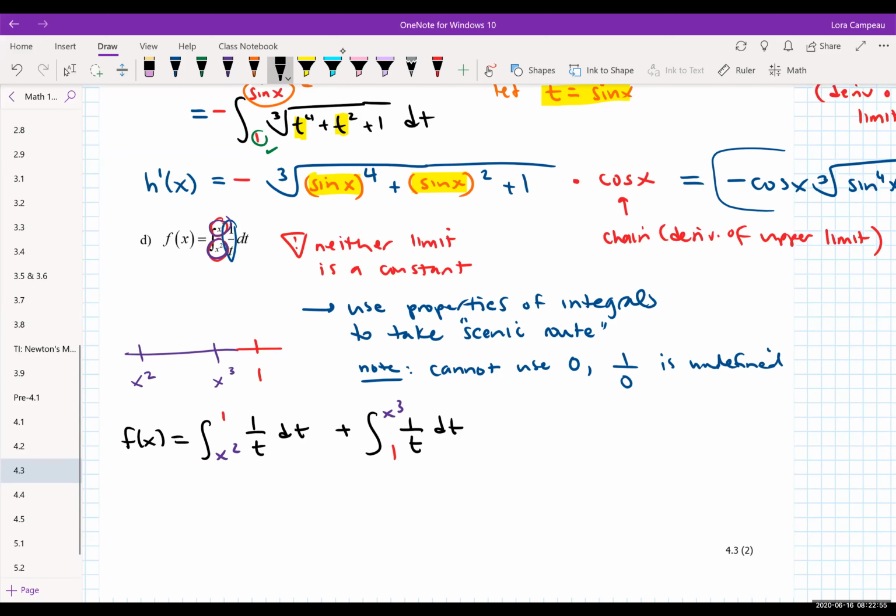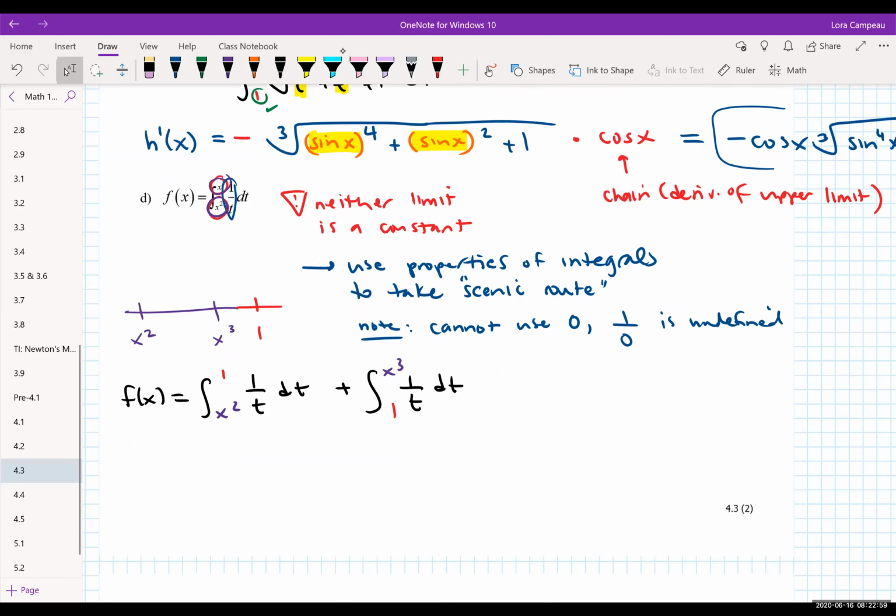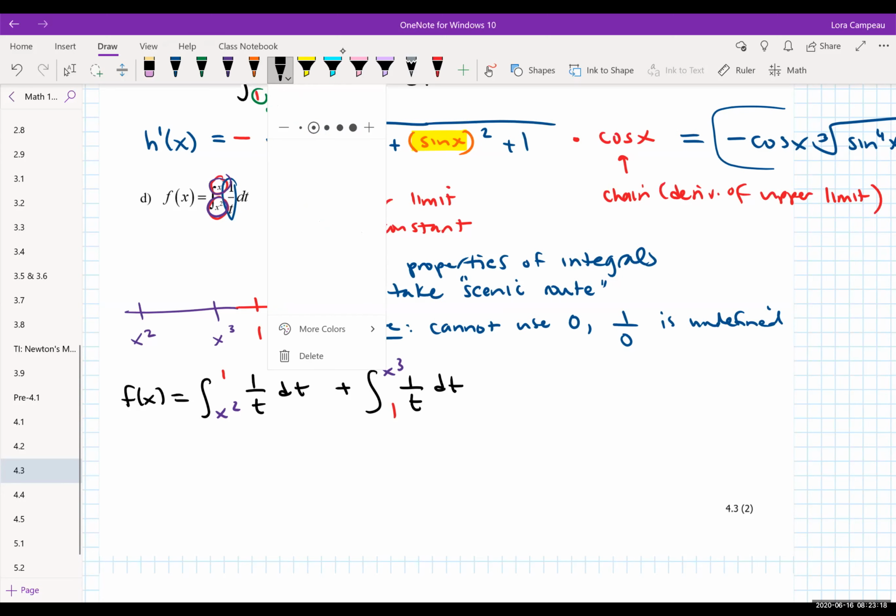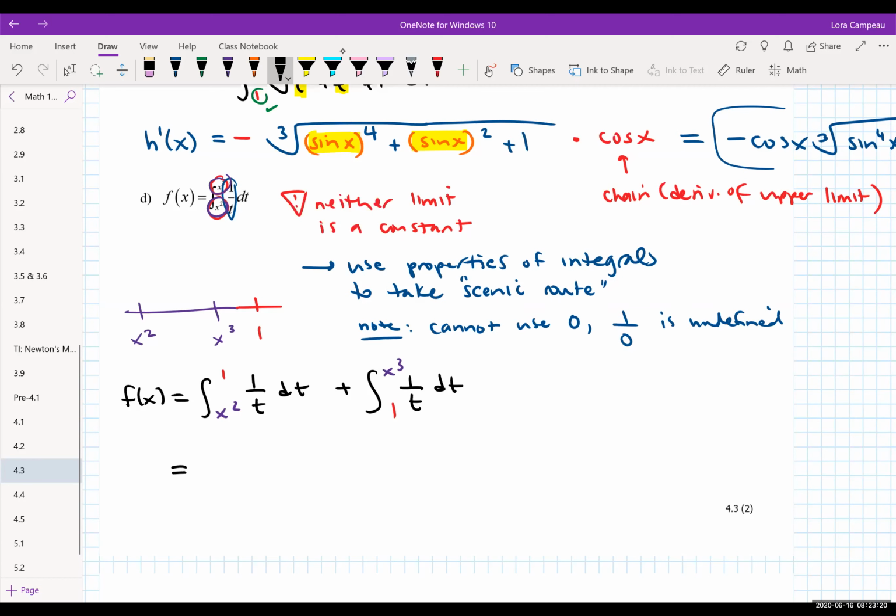Now, once we have this, you have to think, okay, well, I'm almost there. I've got constants involved with my upper and lower limits. It looks like this first integral is going to be the issue. So here, we can utilize the property. We still haven't taken the derivative yet. But what I will do is utilize the property to switch the order of the limits.